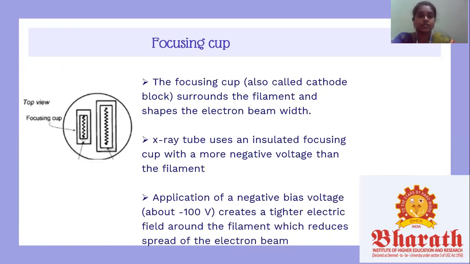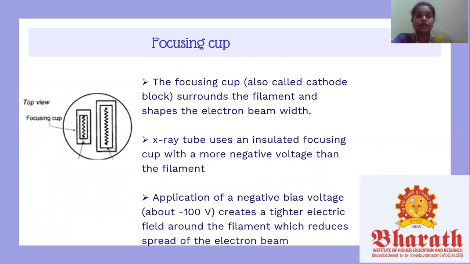So the next is the focusing cup. The focusing cup is like a negatively charged shallow depression on the surface of the cathode of an X-ray tube, which concentrates the electron beam towards the focal spot of the anode.